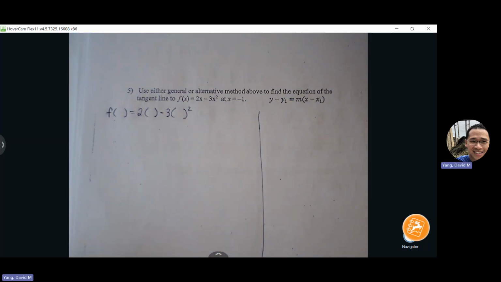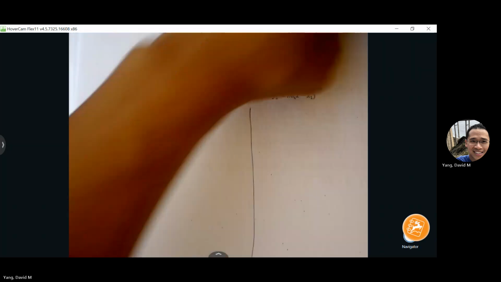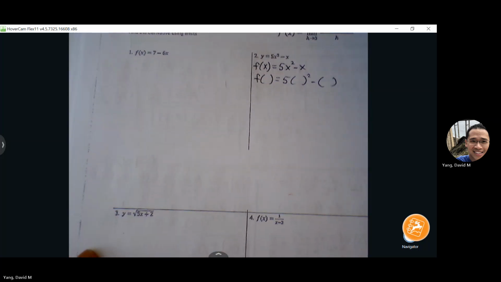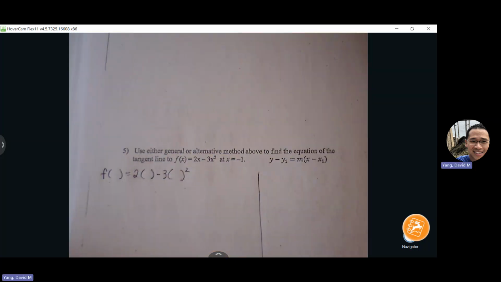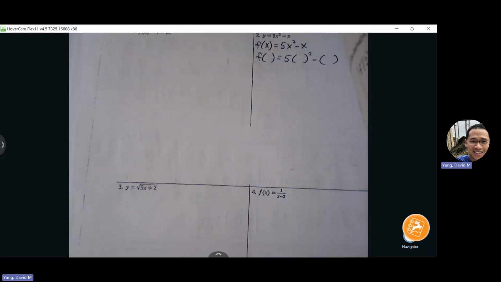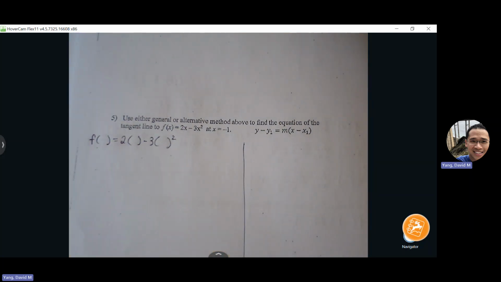Set up your function so that you can know where to put the x plus h in your function. If you run out of space, you can always pick some of the problems on page 4 we didn't do, so you can use the body of page 4 if you want. I think there should be enough space for us.